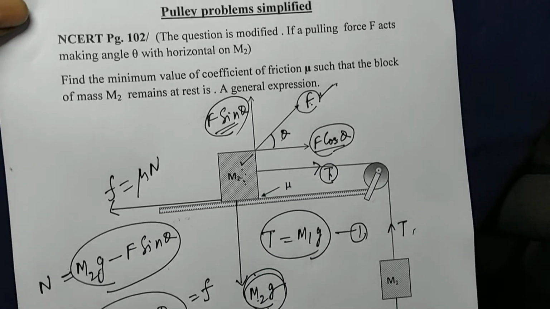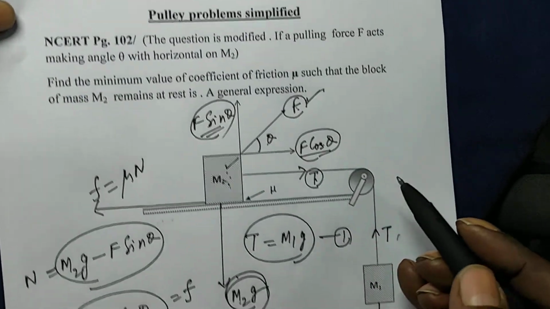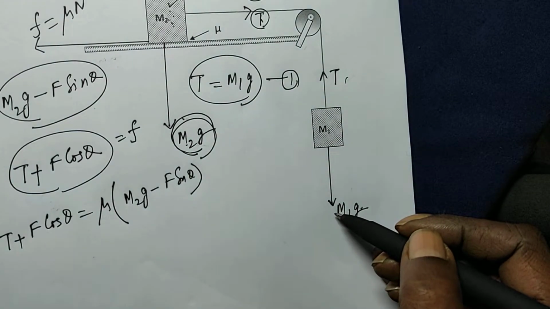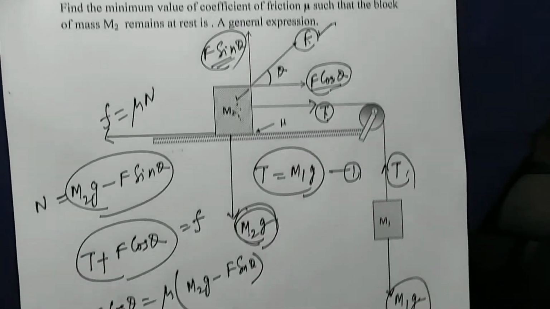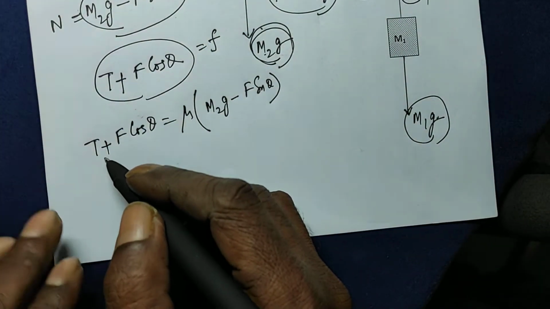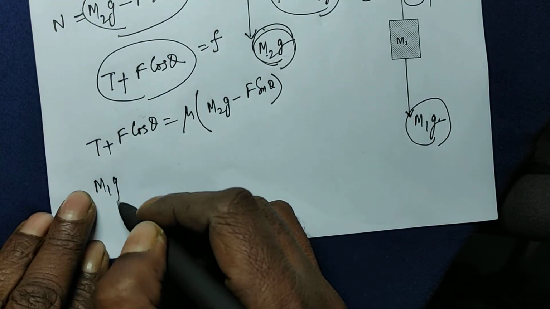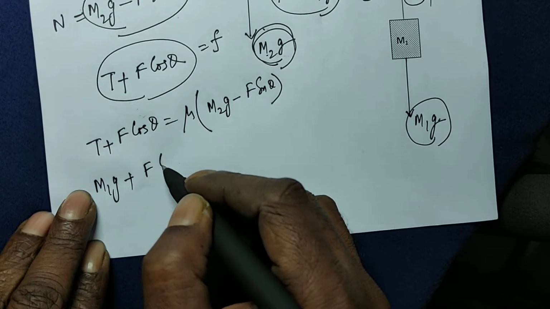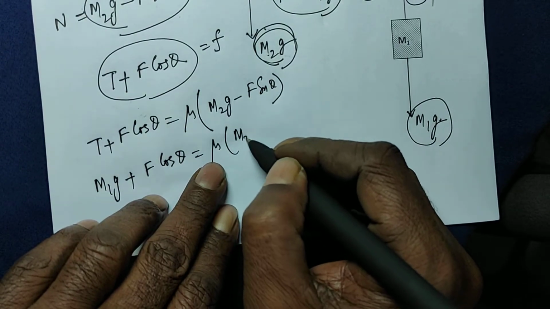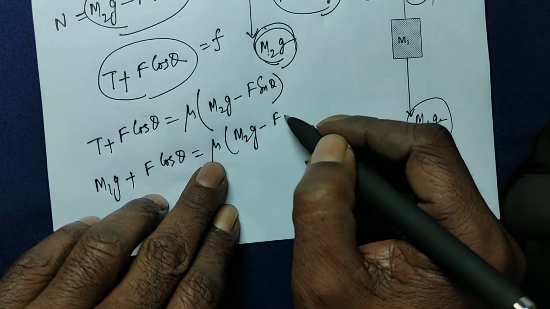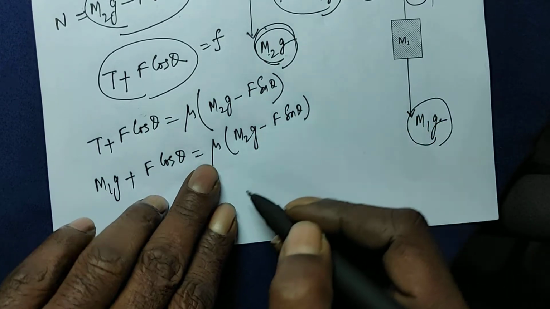And since this is not moving towards right, the M1 is also not moving down. So T is equal to M1g. So for T, put M1 times g: M1g plus F cos theta is equal to mu times (M2g minus F sin theta).